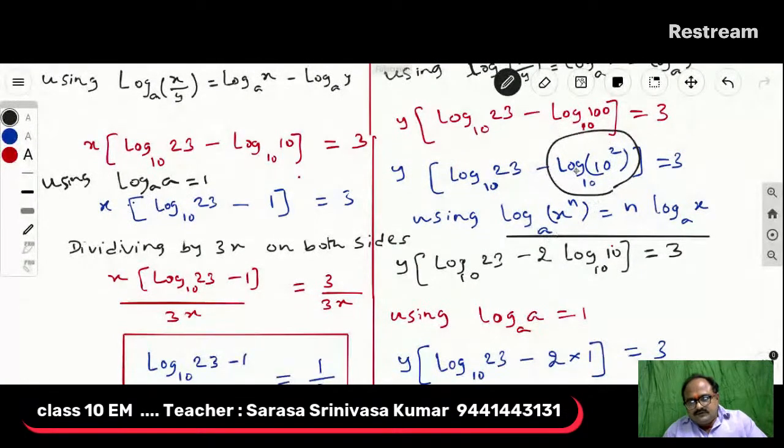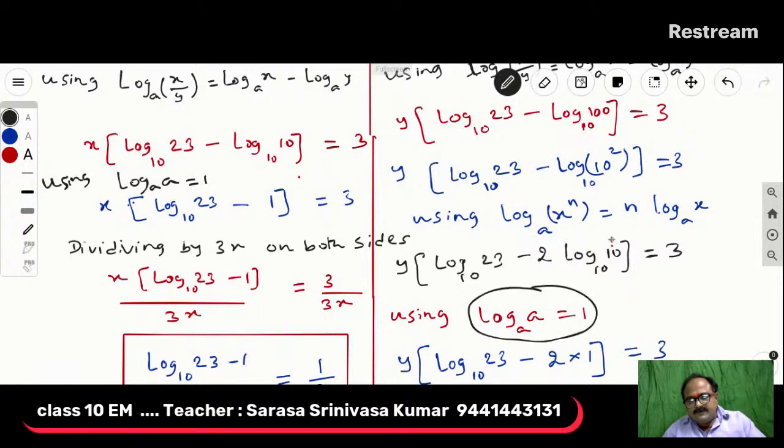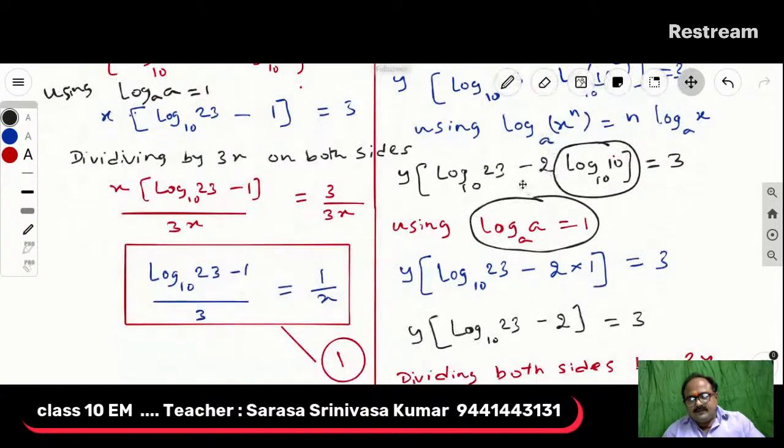So log 10 square to the base 10 can be written as 2 log 10 base 10. Again, we use the formula log a base a equal to 1 on this log 10 base 10. So log 10 base 10 equal to 1. Hence, we can write 2 multiplied by 1 here. So we get 2.